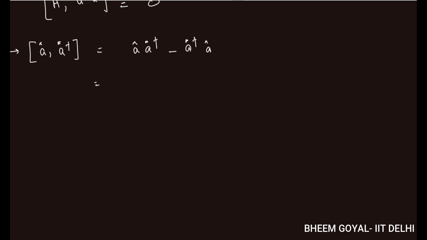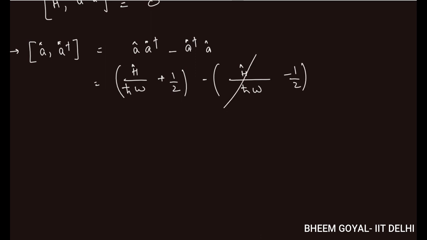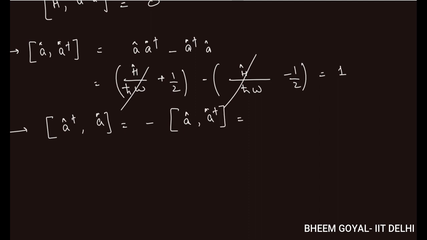Now I have done this before: a a dagger is equal to Hamiltonian over h bar omega plus half, and a dagger a is Hamiltonian over h bar omega minus half. So this and this will cancel out and we will get 1. Similarly, if one finds the a dagger and a commutator, it will be minus of the a, a dagger commutator. So it will come out to be minus 1.